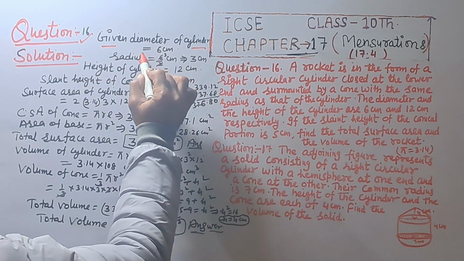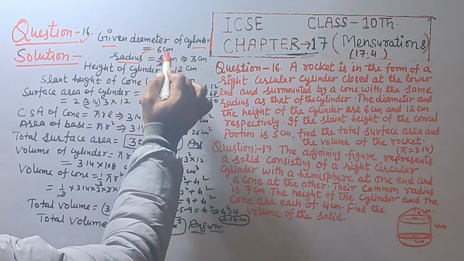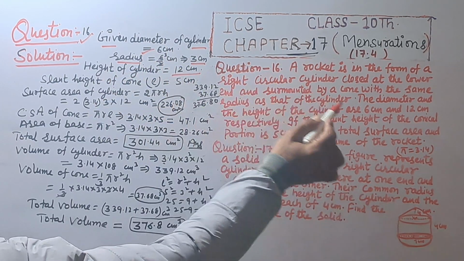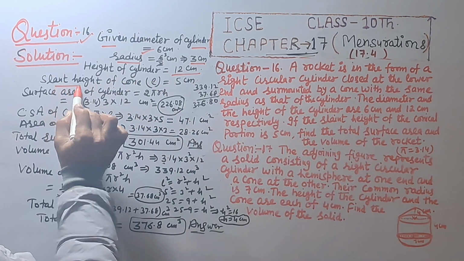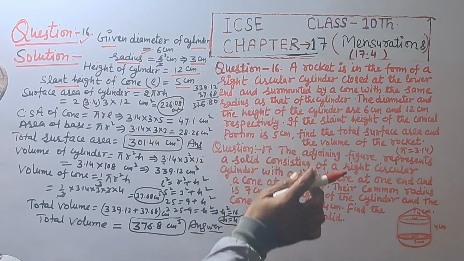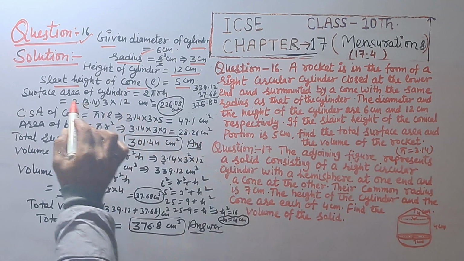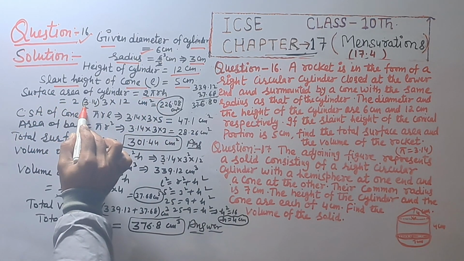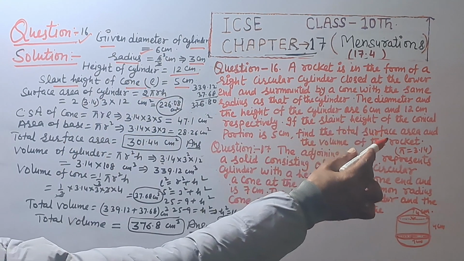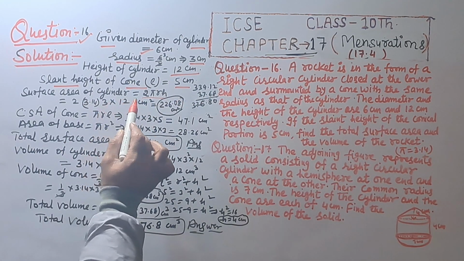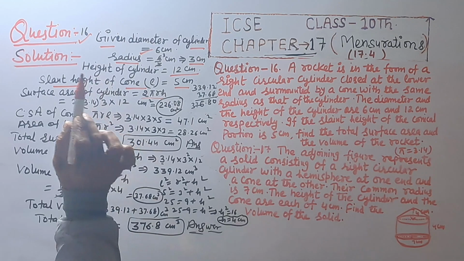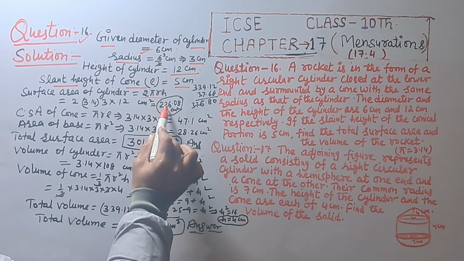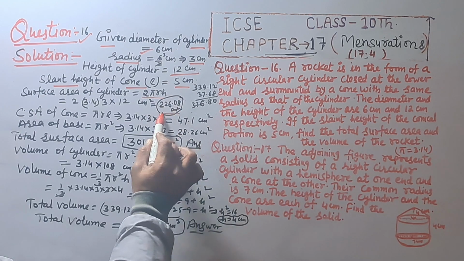Given diameter of cylinder is 6 centimeter and its radius is half of diameter, that is 3 centimeter, and height of cylinder is given 12 centimeter. Slant height of cone is equal to 5 centimeter. So surface area of cylinder is 2 pi RH, that is 2 into pi is 3.14, and radius is 3 and height is 12. Then their multiplication will be 226.08 centimeter square.